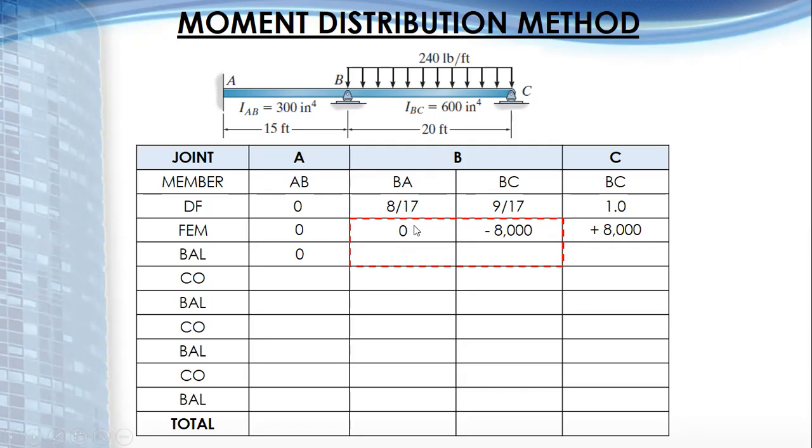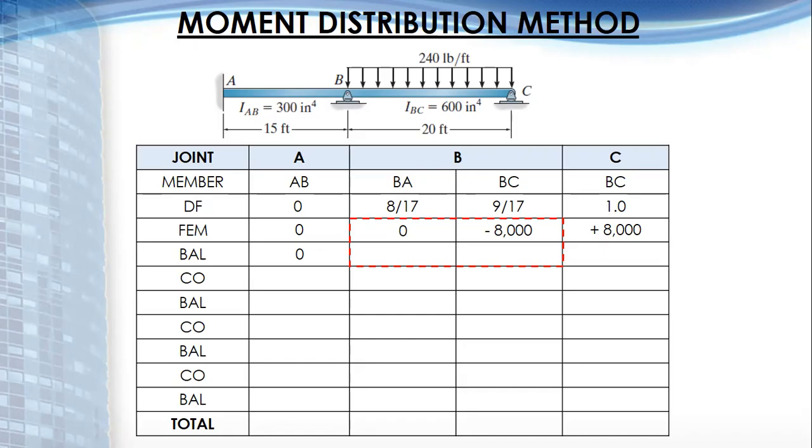So it means for the two values, add or subtract, and the result is the unbalanced moment. So in this case, 0 and negative 8,000. So the unbalanced moment is negative 8,000. Therefore, you have to balance it by the same magnitude but opposite in sign, which means the balancing moment is positive 8,000.